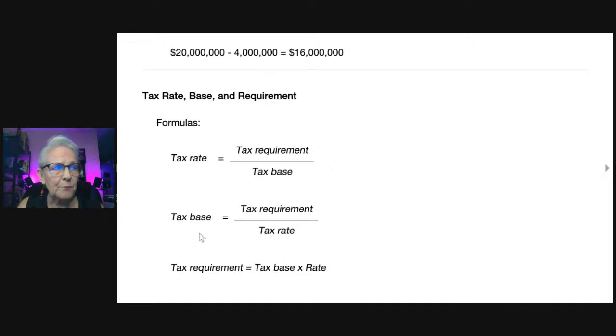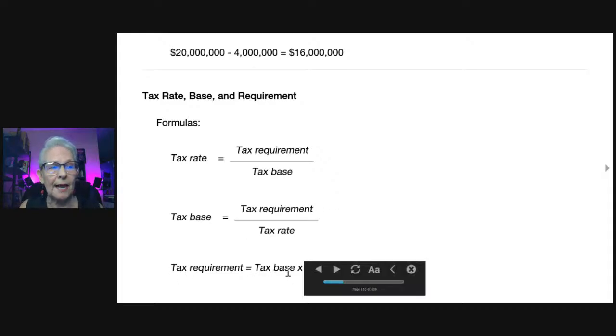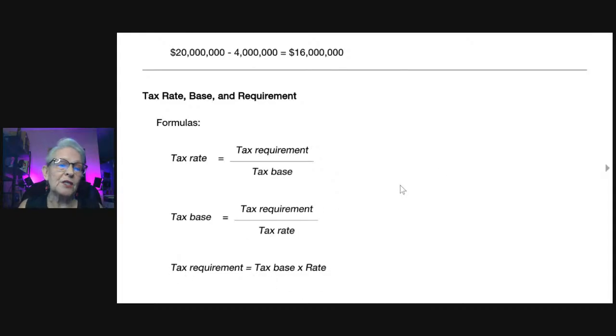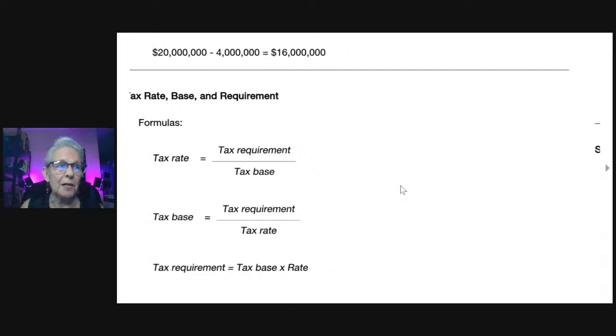So tax base equals, so it's the same formula written to solve for a different factor. So the tax base, which is down here, move it over to the left, bring the tax rate to the bottom. You still have your tax requirement on the top. The tax requirement equals the tax base times the rate, okay, the mill rate.